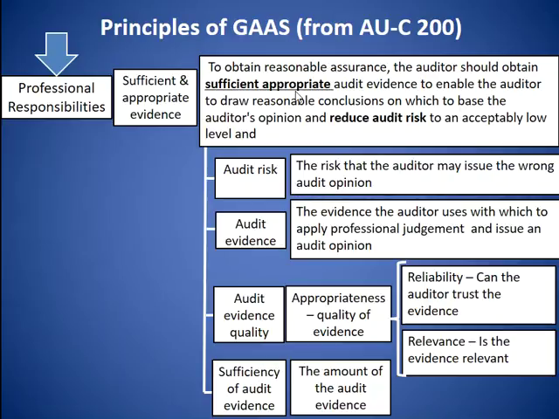Now I say sufficient appropriate, then I say audit evidence. Audit evidence is probably self-evident to you, but it basically means the evidence the auditor uses with which to apply professional judgment and issue an audit opinion. This audit evidence comes in a couple of different forms, and what we have to understand is that audit evidence, in order to be sufficient and appropriate, has to have a certain amount of quality.